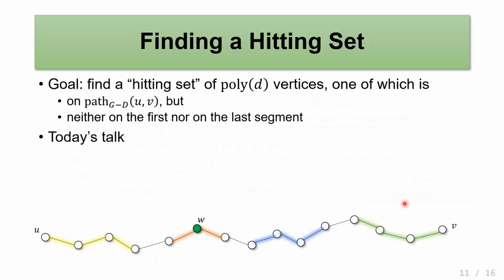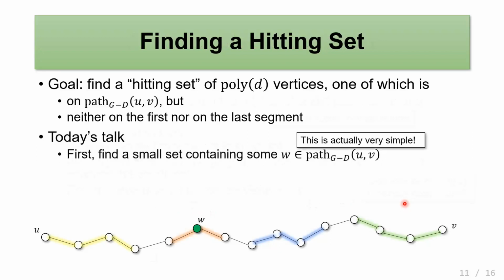As our time is limited in this talk, we will only do two things. First, we will ignore the second condition, but only find a small hitting set that contains some vertex w in path G minus d uv. So w might be on the first or on the last segment. We just want to find a hitting set of poly d vertices that hits this path.